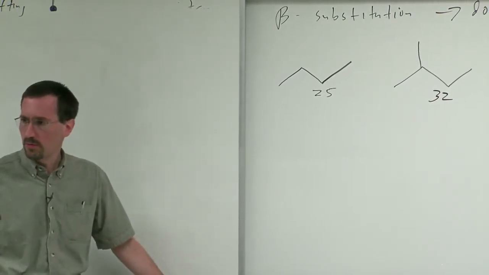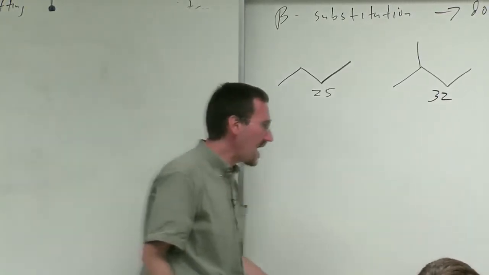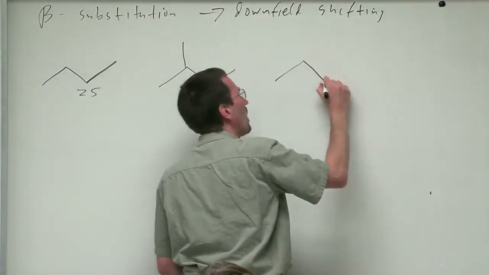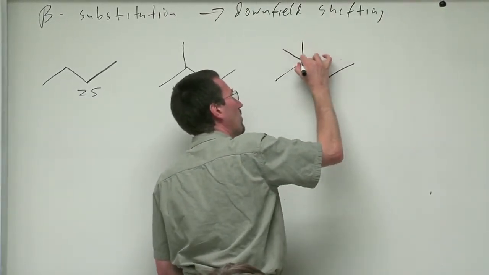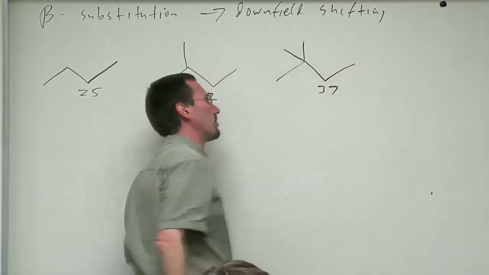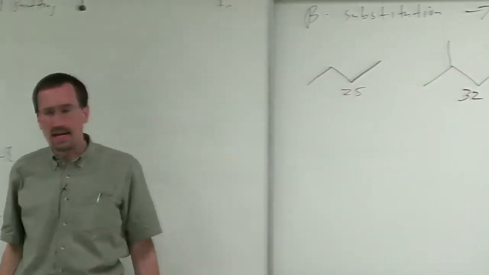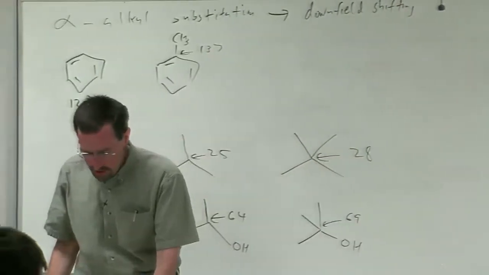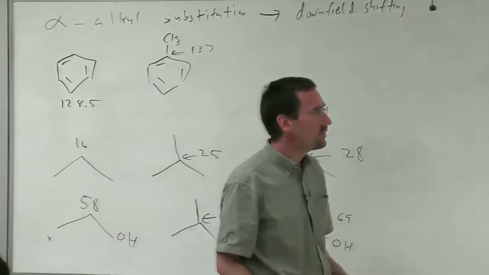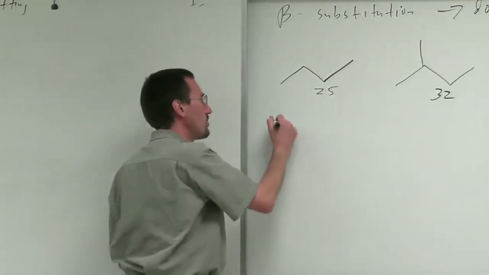We go to 32 ppm. And then if I add another one, we go another 5 ppm more downfield. We go to 37. Not as big, but still pretty darn big. OK, so that's beta substitution.